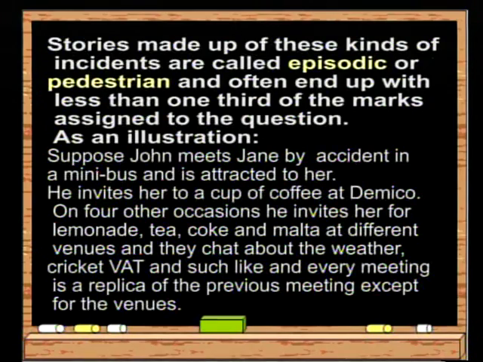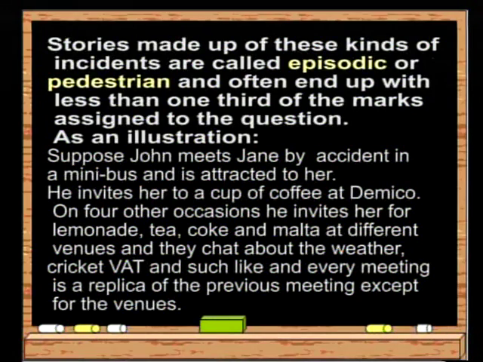As an illustration, suppose John meets Jane by accident in a minibus and is attracted to her. He invites her to a cup of coffee at Demico. On 4 other occasions, he invites her for lemonade, tea, Coke, and Malta at different venues, and they chat about the weather, cricket, VAT, and such like.